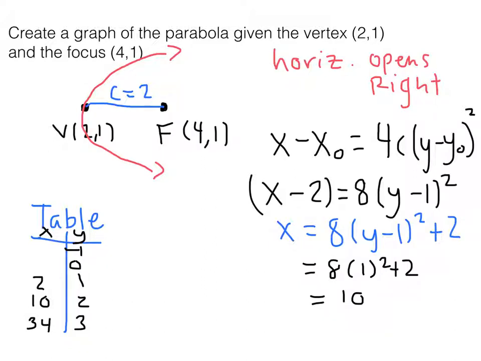When I plug in 0, I'm going to get 10 again. And when I plug in negative 1, I'm going to get 34. So again, this time I decided to start with the y values because it was just so much easier to plug in. So the choice is up to you which one you want to do, and I highly suggest that you solve for whatever variable is not squared.